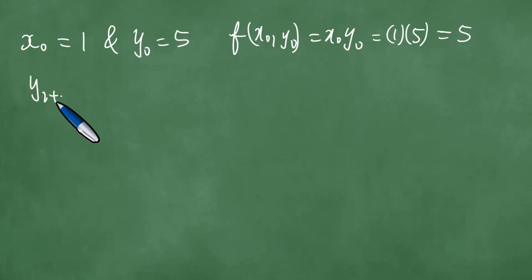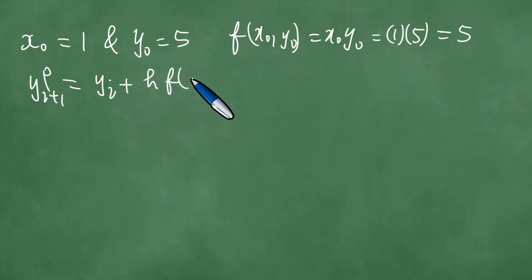The predictor is this one: yi plus 1 equals yi plus h f of xi, yi, like this. Okay, so this is the predictor. But now we're going to use it to get what we want.